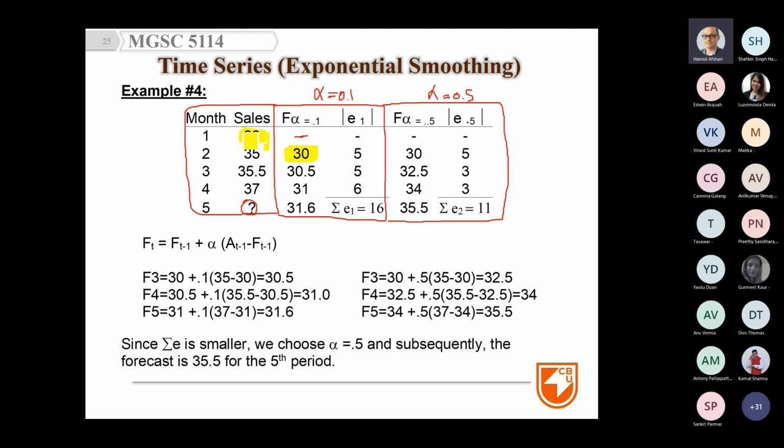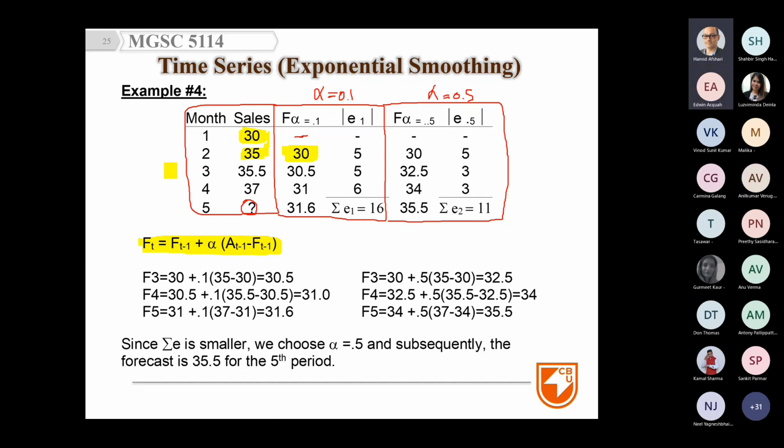So what is the first period that I can actually start using these formulas? The second period? No. The second period I already have. I already have the actual for the second period and the forecast for the second period. So what is the first period that I can use the formula?